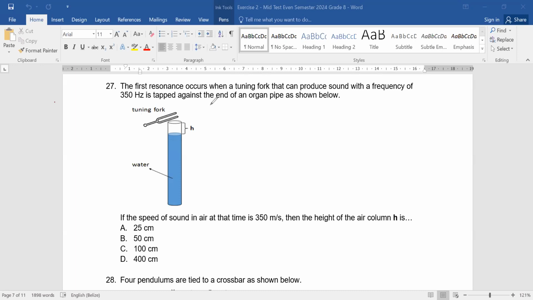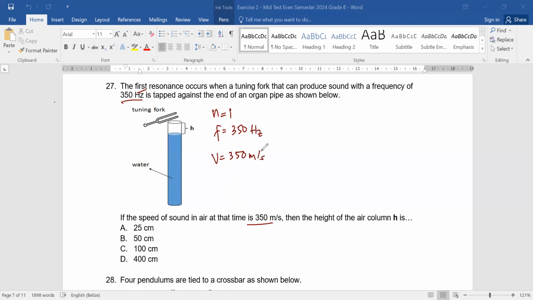So the information from the first line is that the order of the resonance is 1, because it's the first resonance. The frequency of the tuning fork is 350 Hz, given here. And if the speed of sound in the air at the time is 350 meters per second, we know that V equals 350 meters per second.